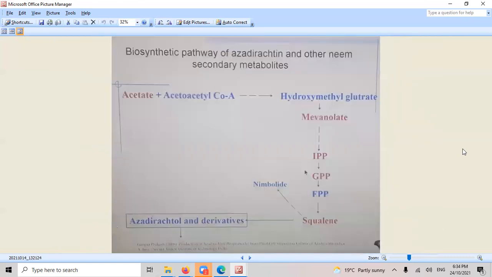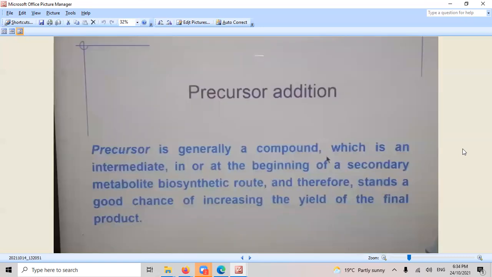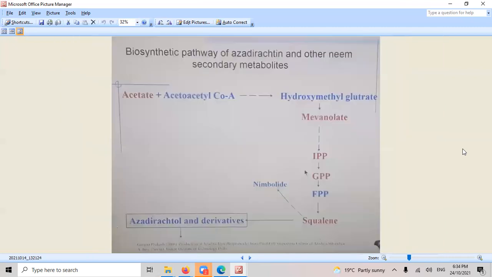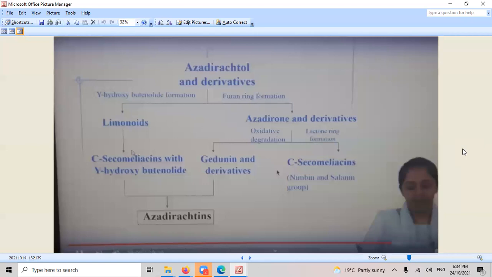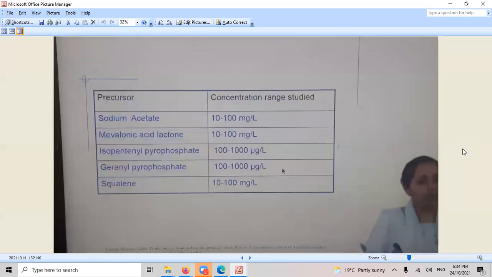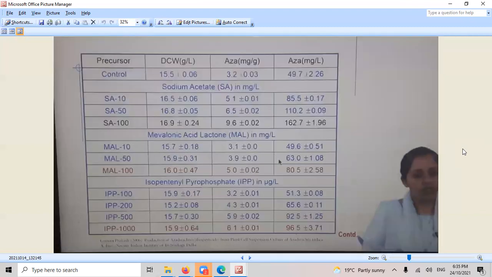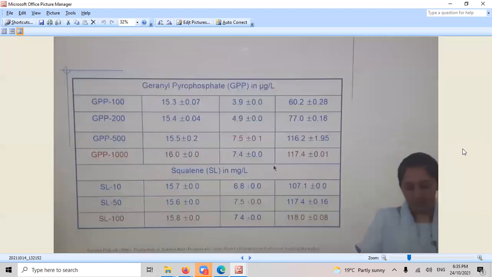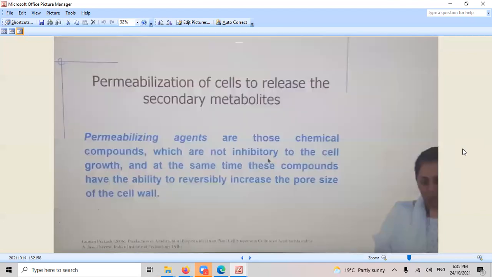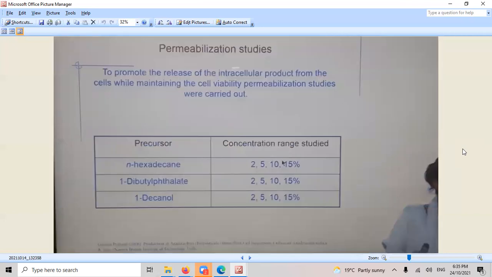Precursor elicitors, precursor addition. A precursor is a chemical that you add that stimulates another chemical to be produced. If you add it, you'll get really good signaling down the line. Internalization agents they tried now.